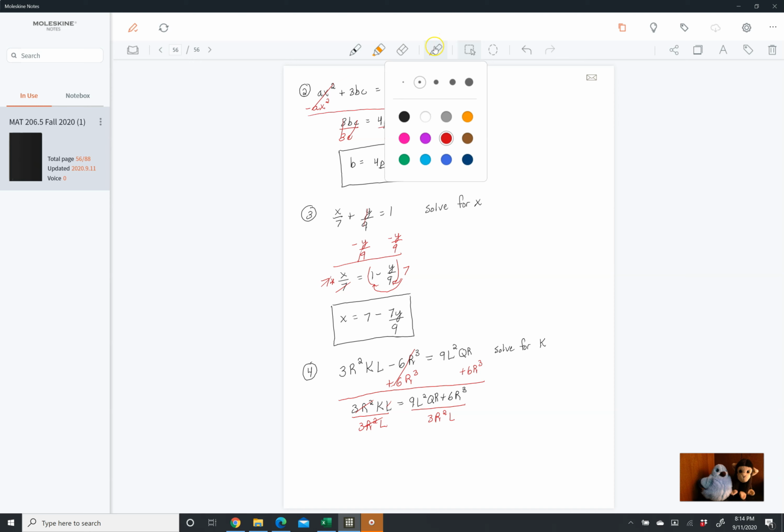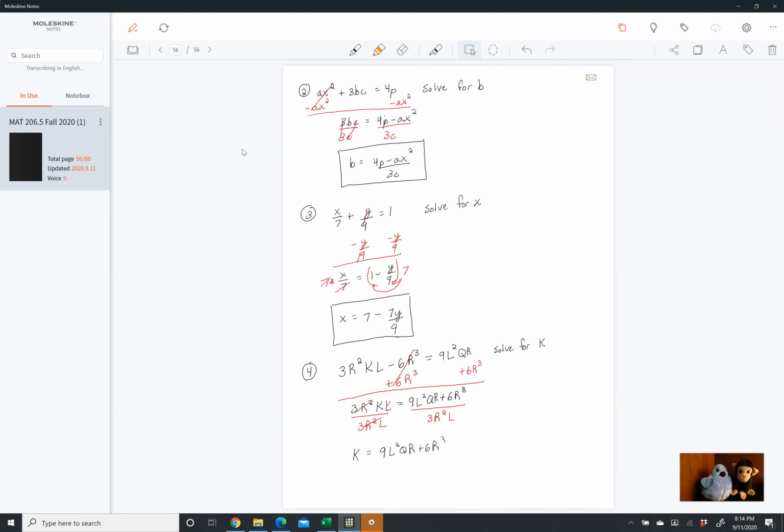And this is what we're left with. K is equal to 9L squared QR plus 6r cubed over 3r squared L.